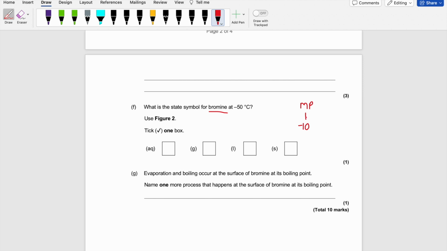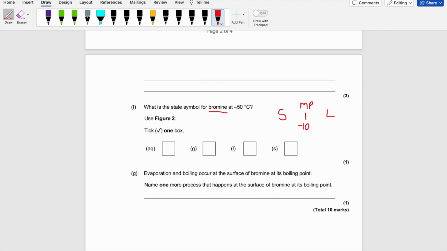I know below the melting point, so any colder than the melting point, then my material is a solid. Any temperature higher than its melting point, it means it will have turned into a liquid. Okay, so I've got a solid here. When it reaches minus 10 degrees, it's going to become a liquid. Okay, let's have a look at what it says.